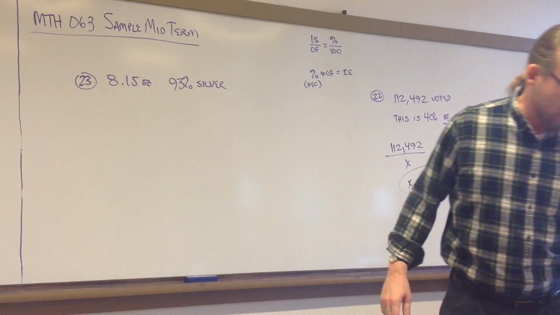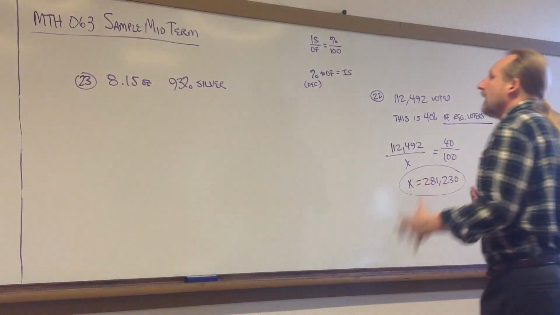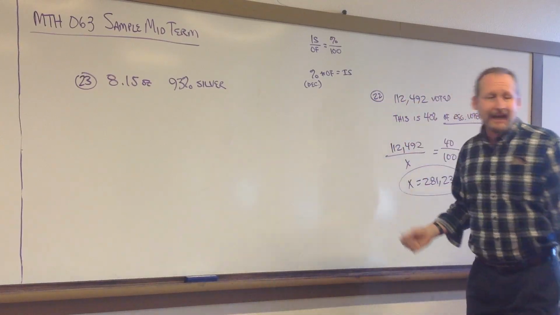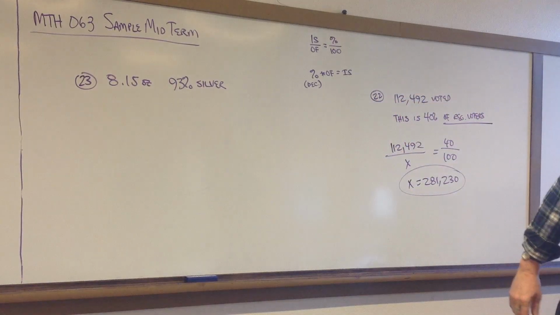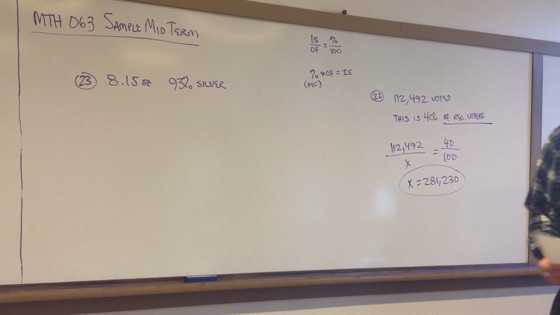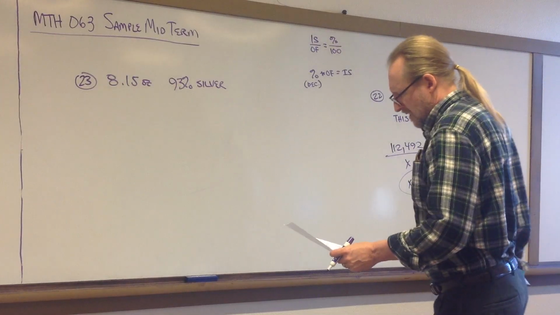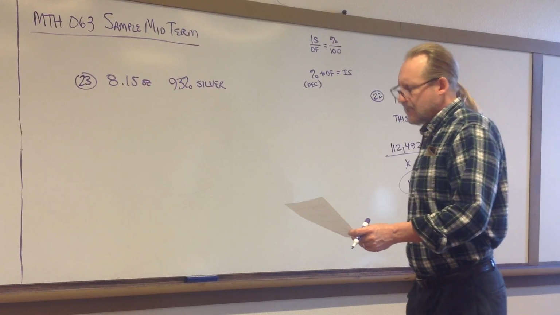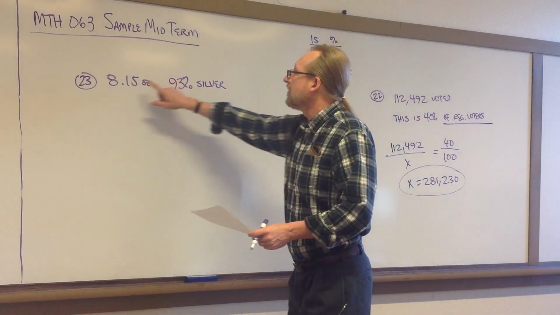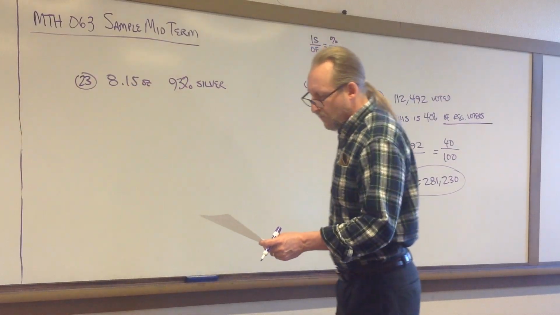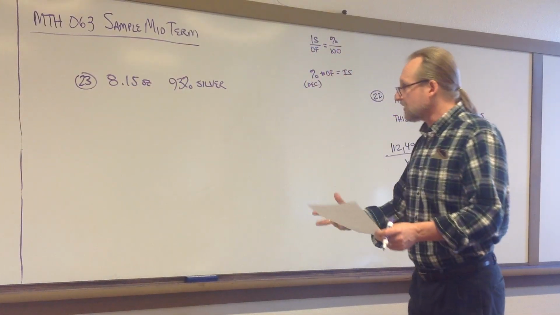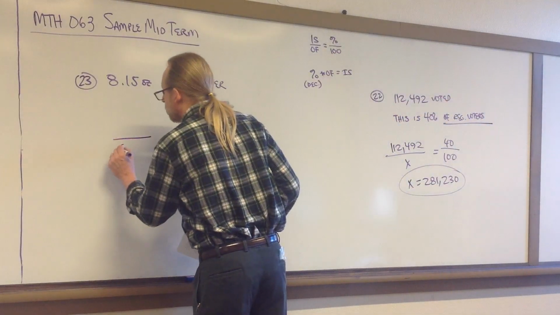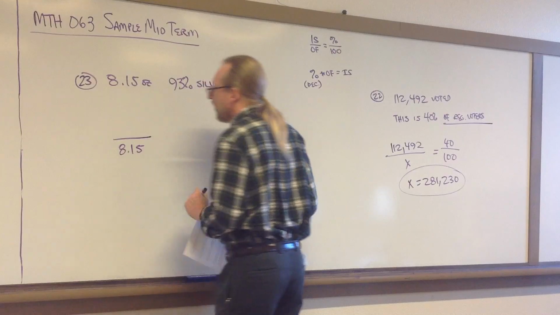Okay. Well, again, you can think of this as part and whole since we don't really have "is" or "of". So 93% of the total, 8.15 ounces, is silver. So the "of" is the 8.15 ounces. That's the whole.